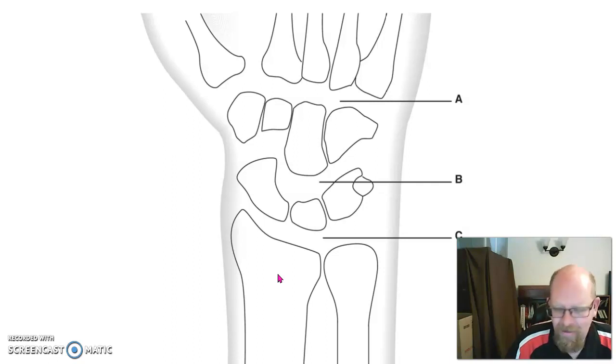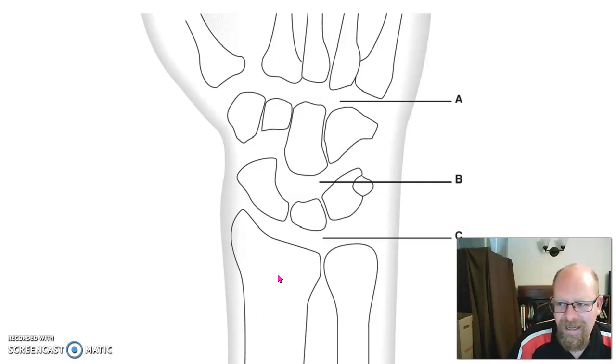And then A represents the carpometacarpal joint, or CMC. It's often abbreviated. So it's the distal carpals along with the metacarpals.